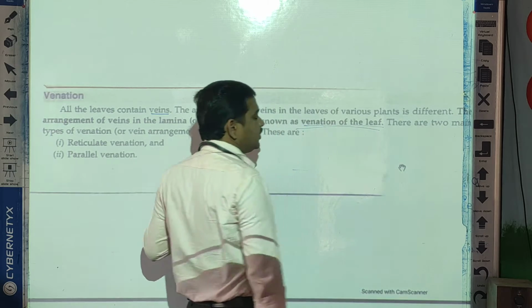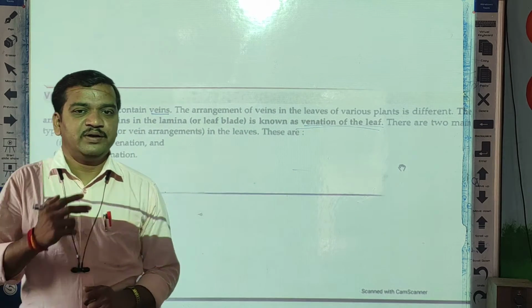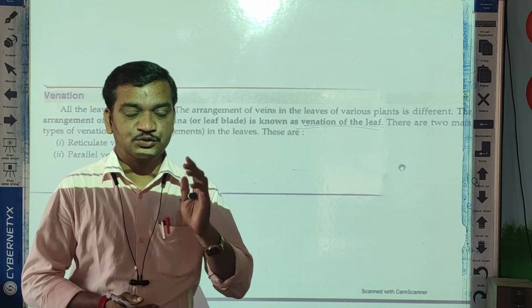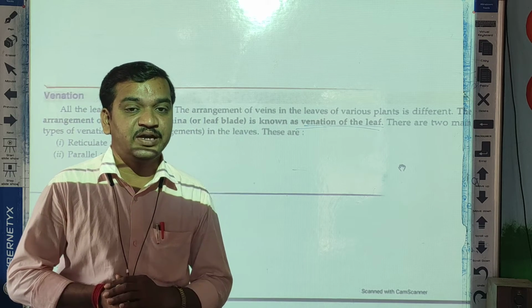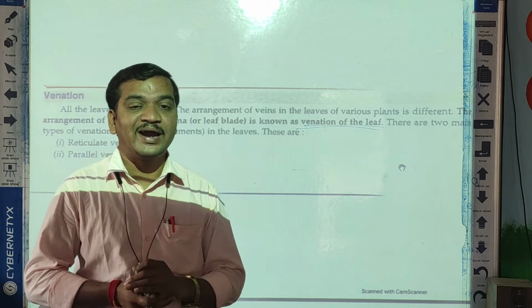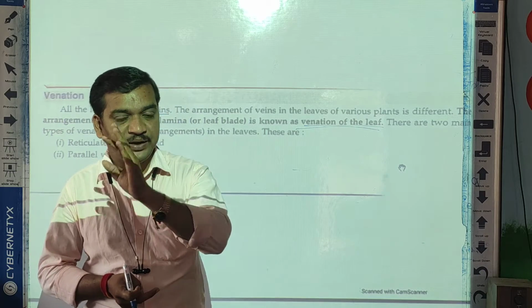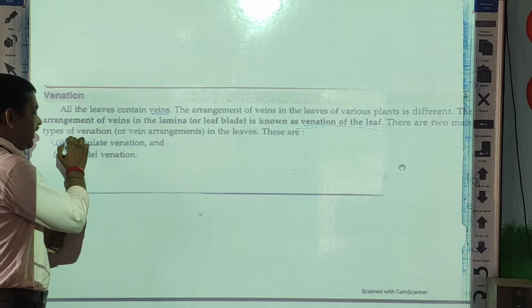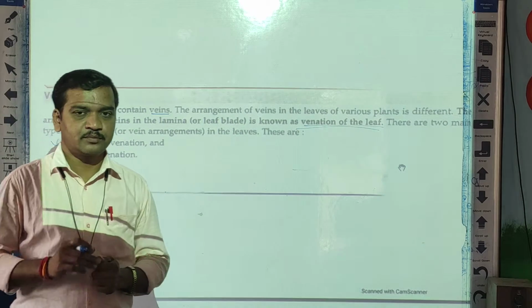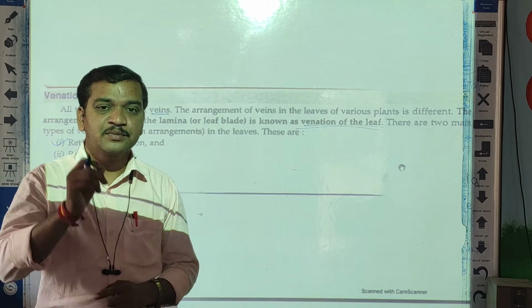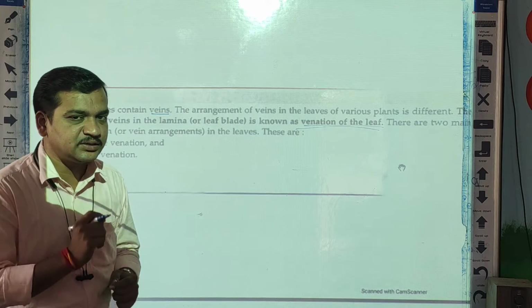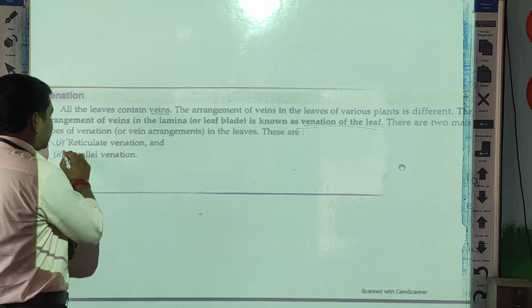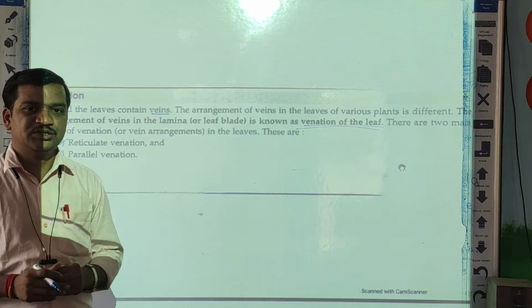So there are two kinds of leaf venation. See students, how many types of leaf venation? There are two kinds. First type is reticulate venation, and second type is parallel venation.